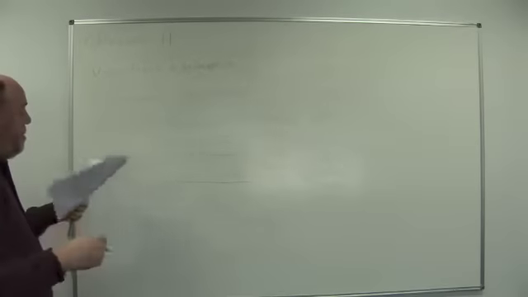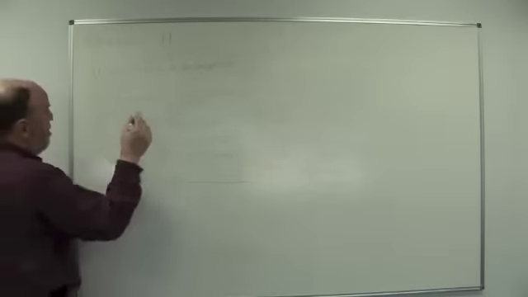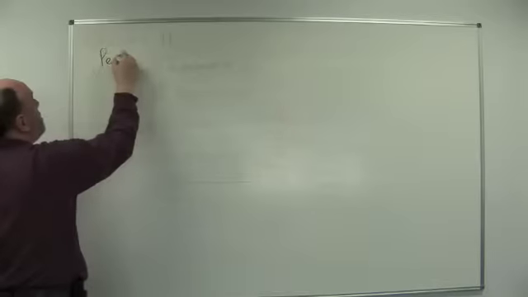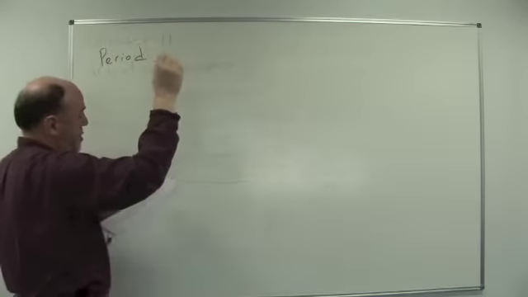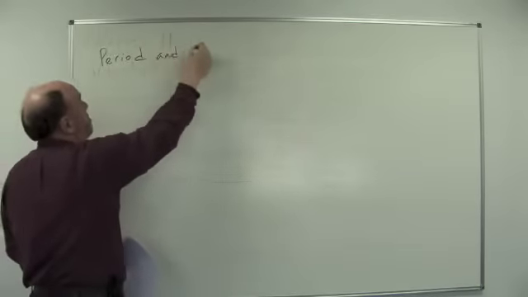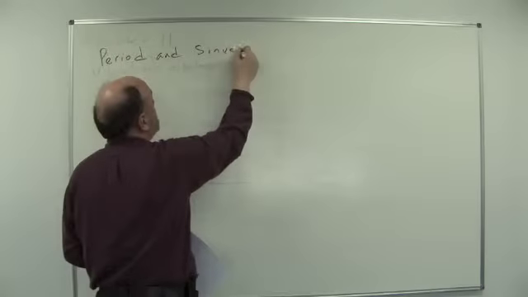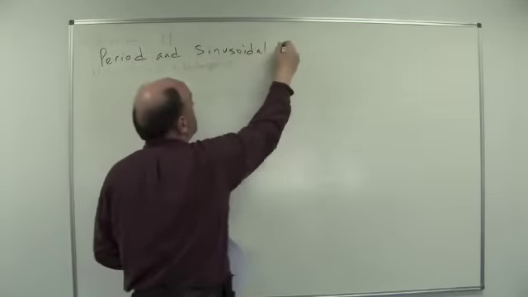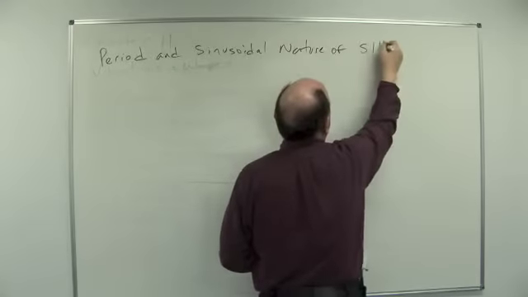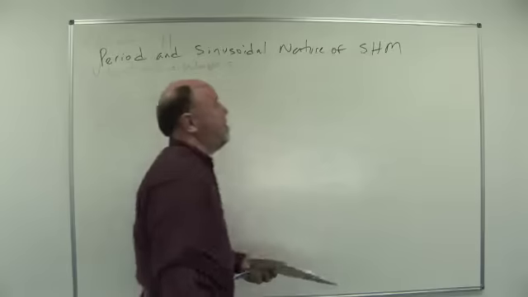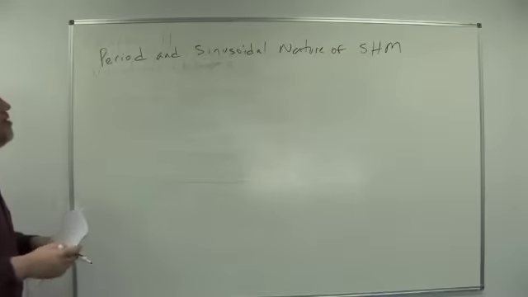In terms of that, we can look at the period of this and what's called the sinusoidal nature of a simple harmonic oscillator. So SHM is a notation for that.